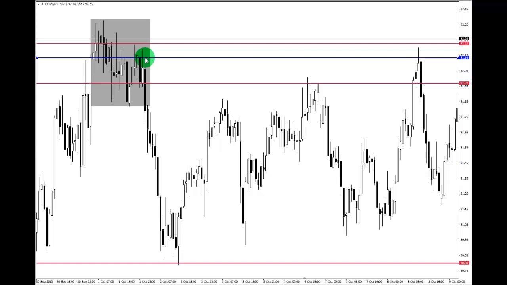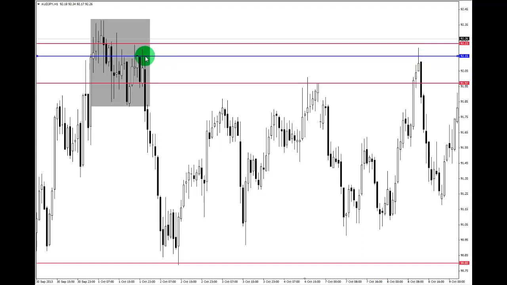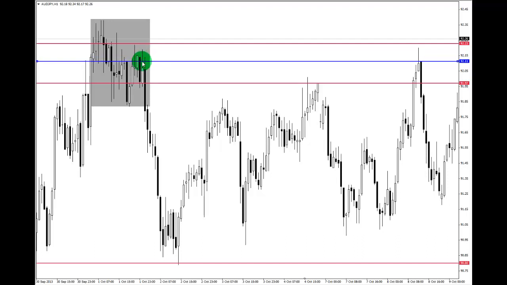About 92.15, rounded to the nearest 5. And another level would be this one here, 92.11, and the reason why is because of the opening of this candle, the high of this candle, the opening of this candle, the low of this candle, and the high of this candle. So there's a lot of activity around that price point.